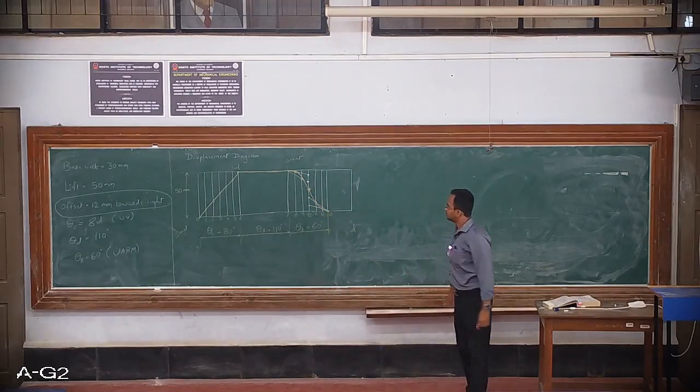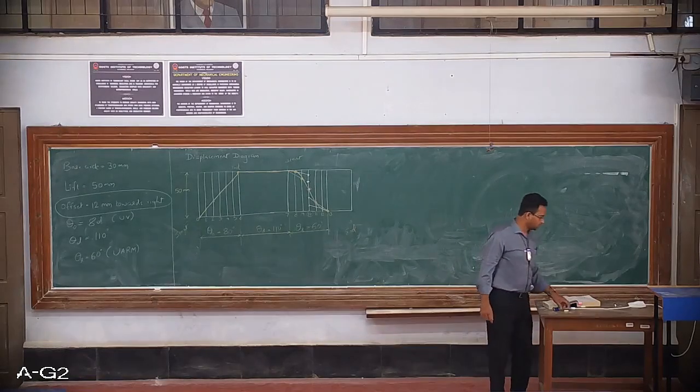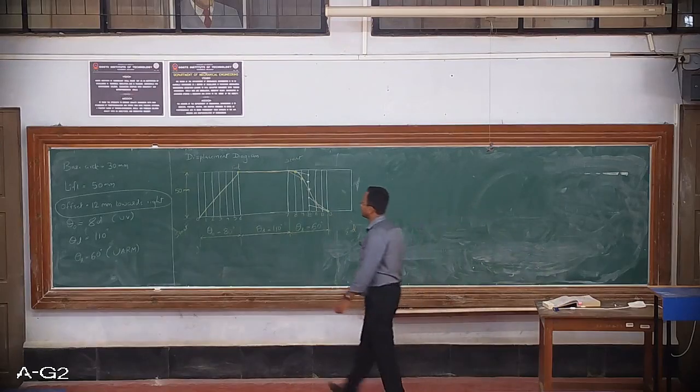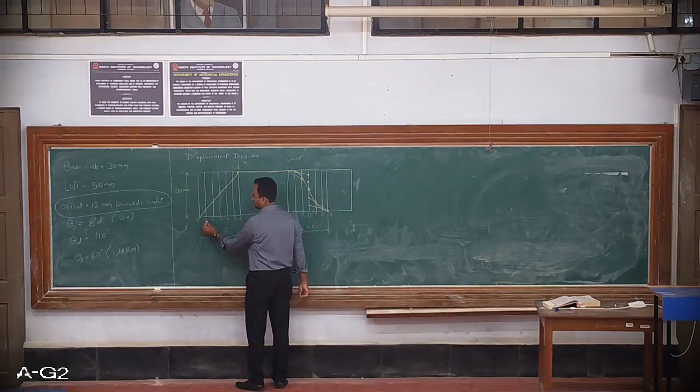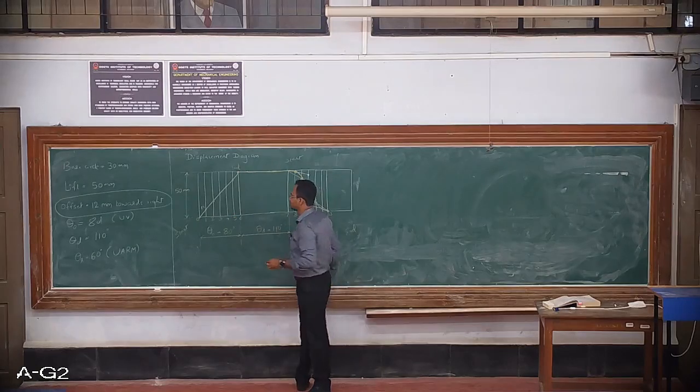So once this is done, we'll have to label them. Starting with line number 1, I'll start numbering them with P1, P2, P3 and so on.